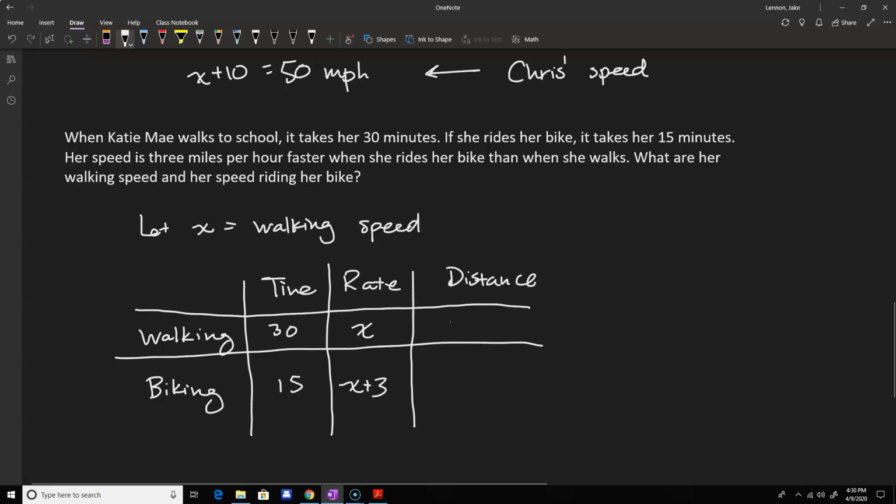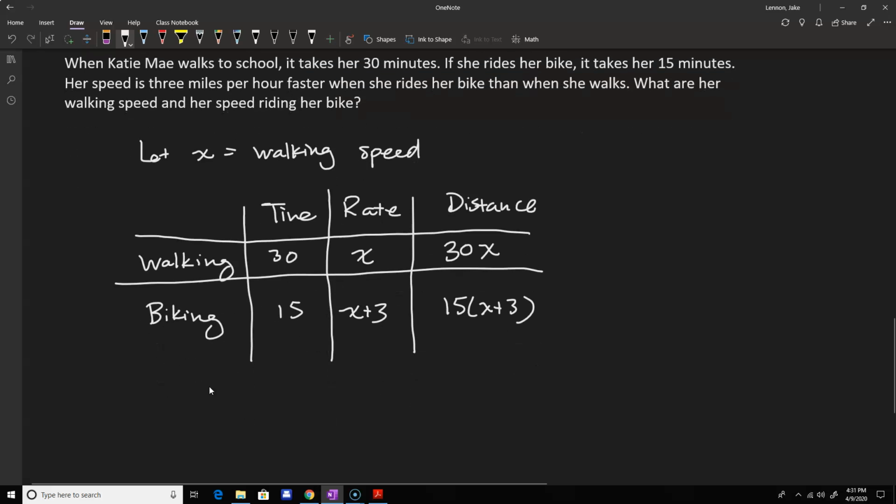Now, the thing here is the distance is the same since her distance from home to school is the same in either case. So basically, we can set the two distance columns equal here to get our equation. So we can set 30x equal to 15 times x plus 3. And that will allow us to solve for the value of x, which is her speed walking.